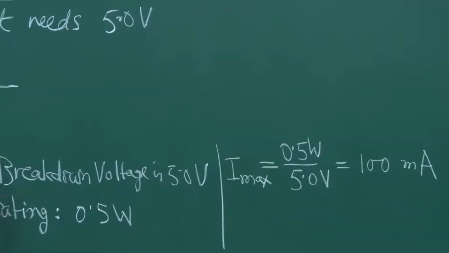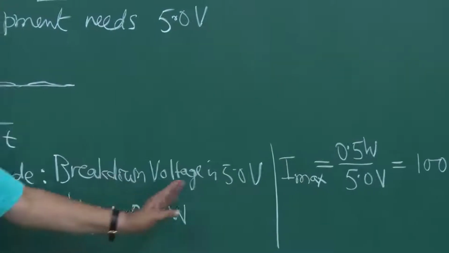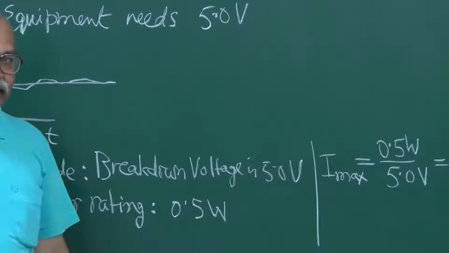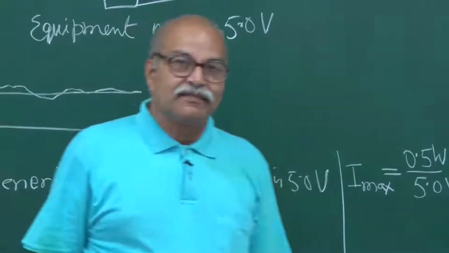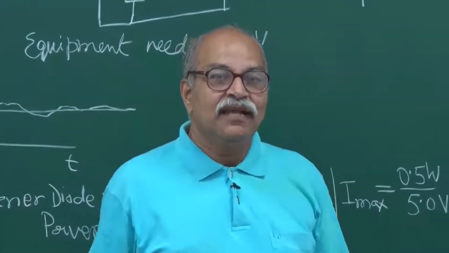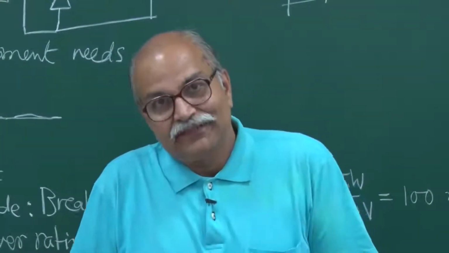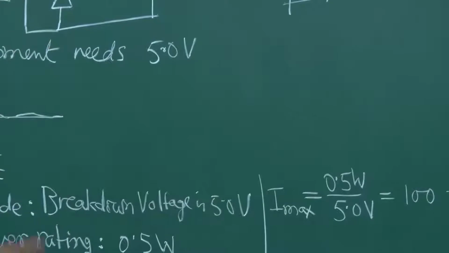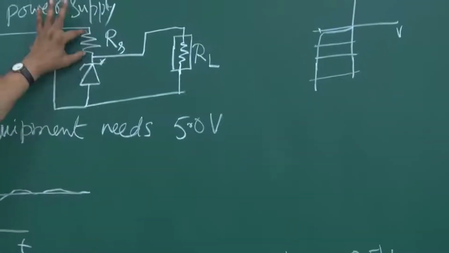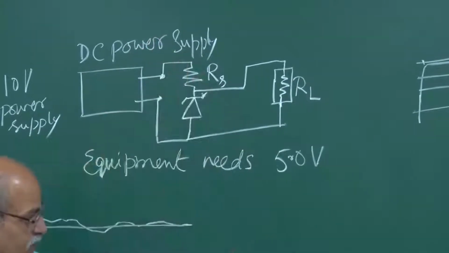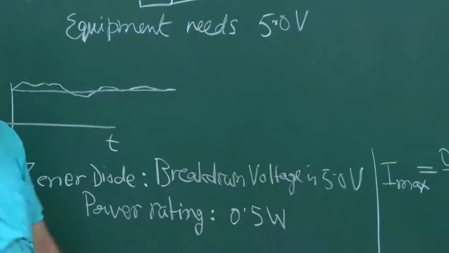So if the breakdown voltage is 5.0 volt and power rating is 0.5 watt, you are requested not to send more than 100 milliampere current in this Zener. So this resistance RS is put to ensure that the current does not exceed 100 milliampere.